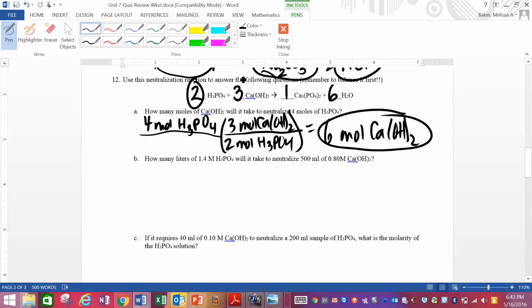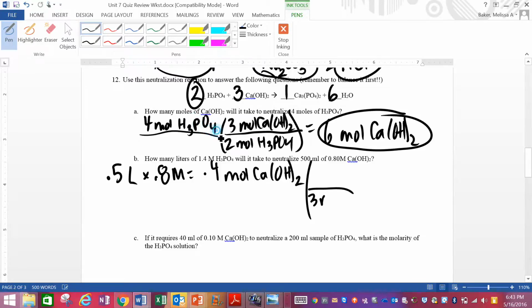Okay, this takes you up a step. What if you've got 0.5 liters of a 0.8 molar solution of calcium hydroxide? We're talking about 0.4 moles of calcium hydroxide that we're trying to neutralize here.